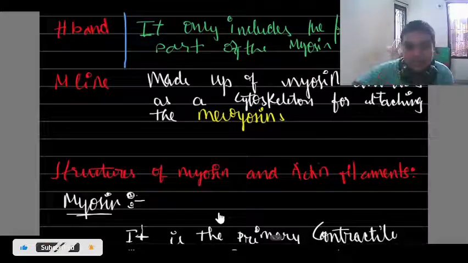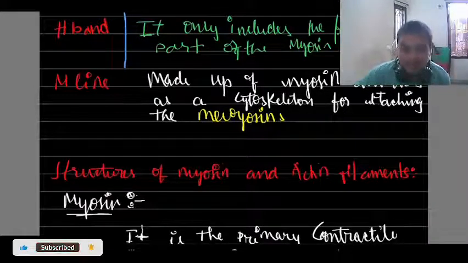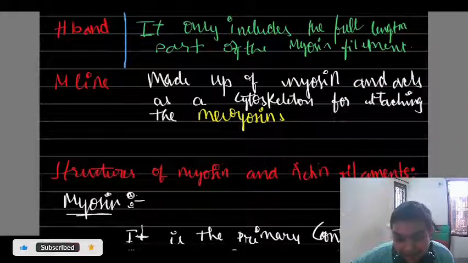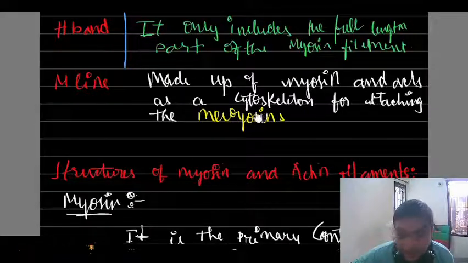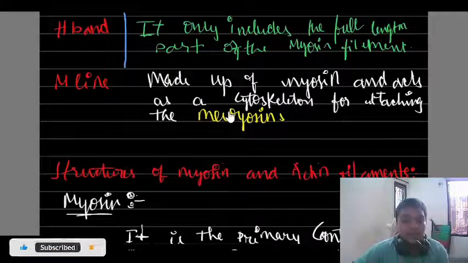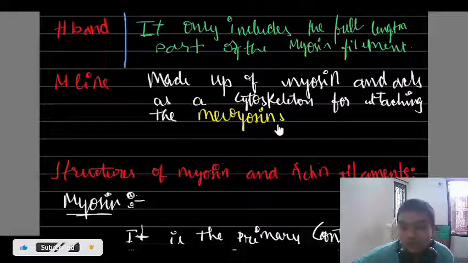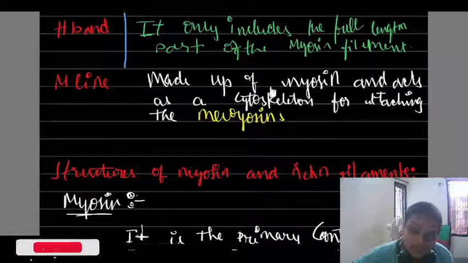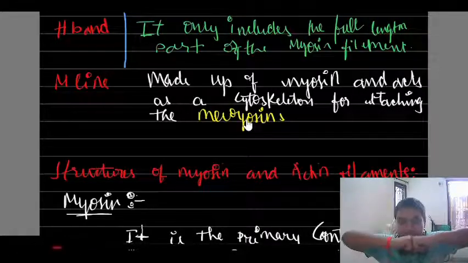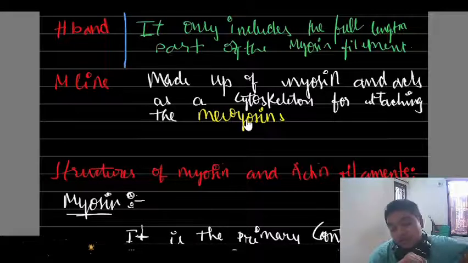This M line is made up of myosin, or you can say it is present in between these myosin, and it acts as a cytoskeleton for attaching the meromyosins. As I said, myosin is a polymer. The monomer is called meromyosin, and these meromyosins are like this, with the tail parts attached by the M line.